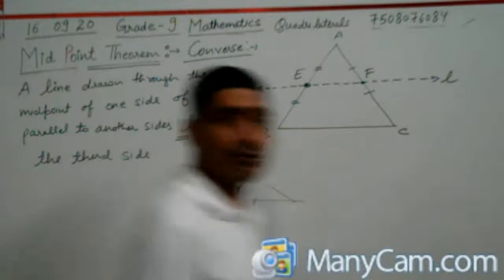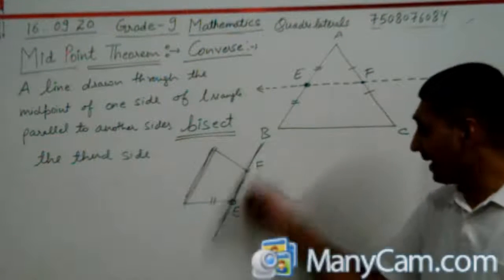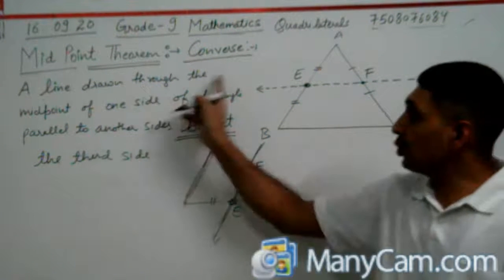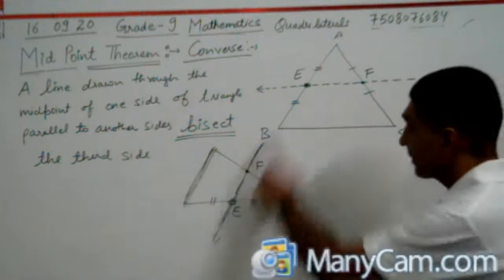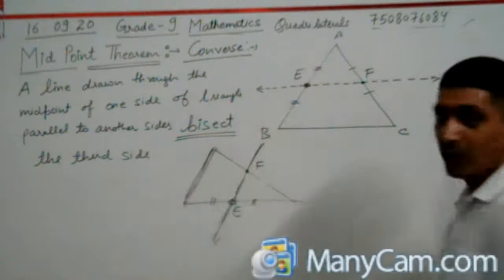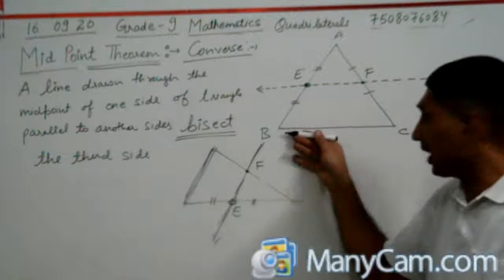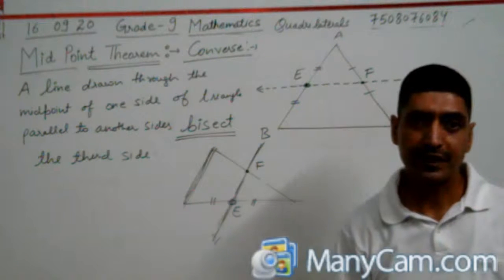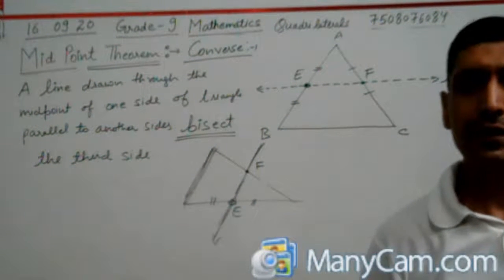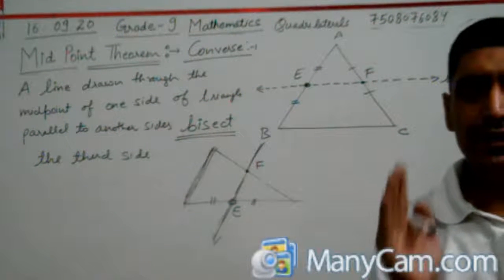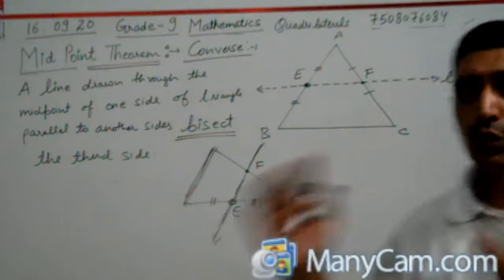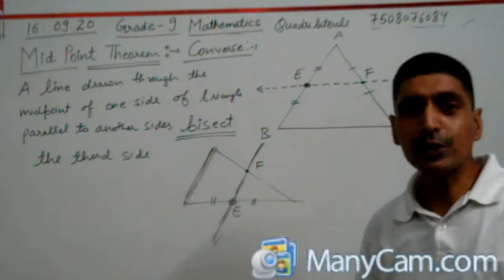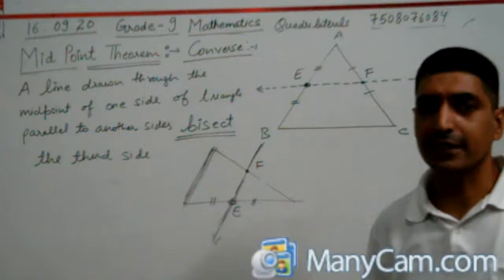So the statement of the converse: when a line is drawn through the midpoint of one side, AB, parallel to another side, it bisects the third side. So what is the converse of the midpoint theorem? A line drawn through the midpoint of one side of a triangle parallel to another bisects the third side.